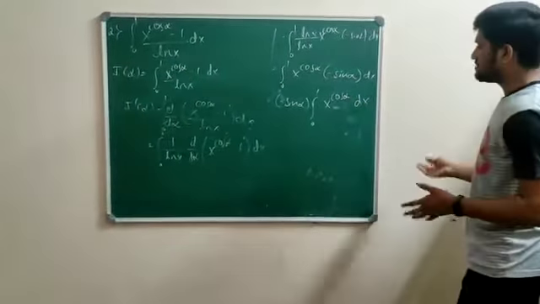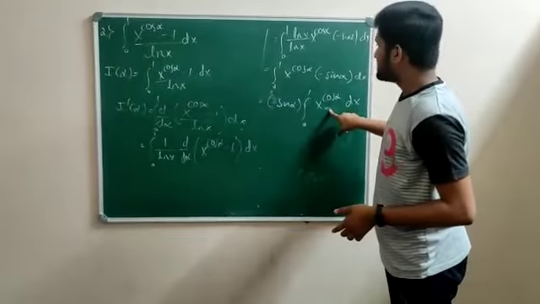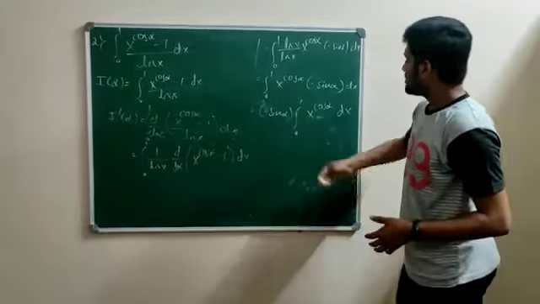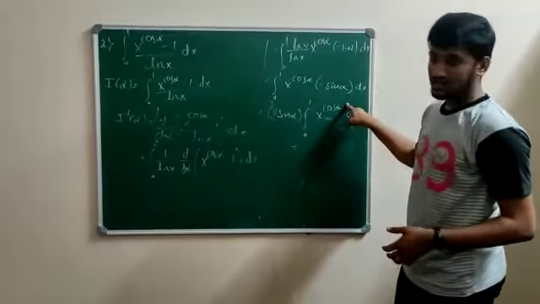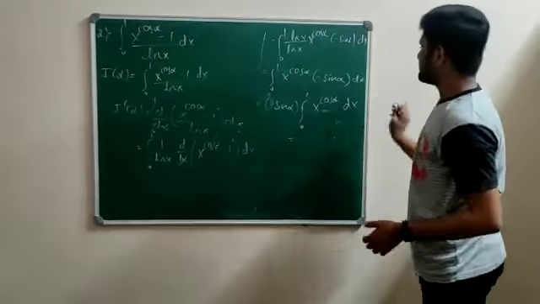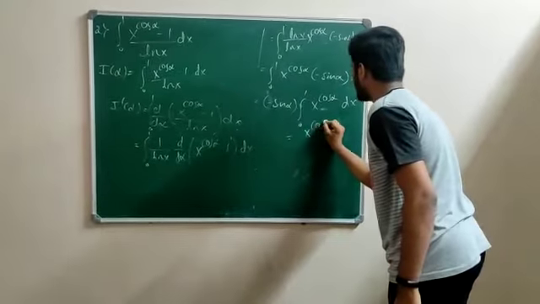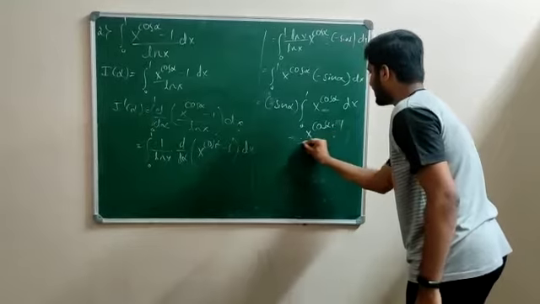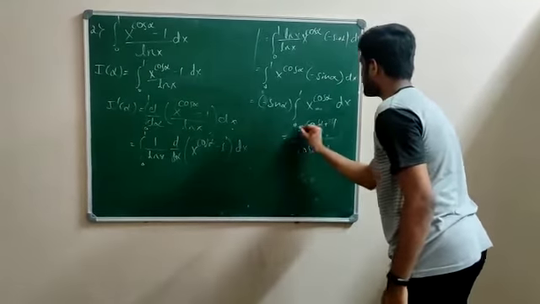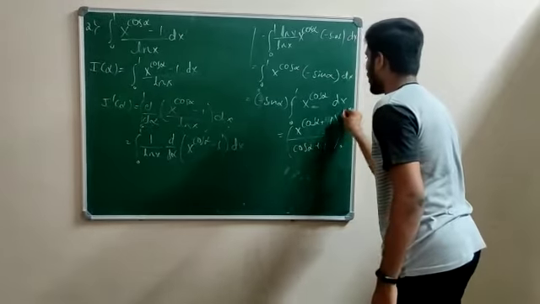Now it is extremely easy to integrate since ln x is not here. Since cos alpha is constant, the integration becomes x to the power cos alpha plus 1 divided by cos alpha plus 1. The limits are 0 to 1.